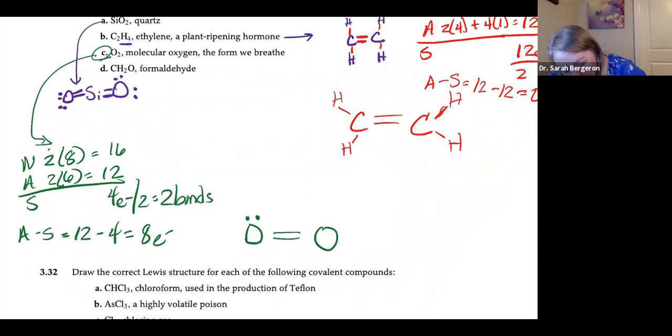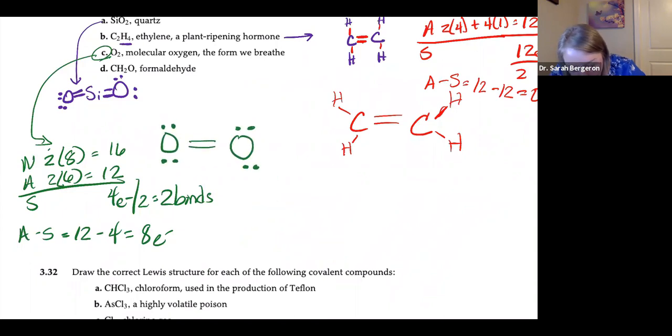I'm going to give them equally. Let's do that. So that's 2, 4, 6, 8. I used up my 8 electrons. Now let's count. 2, 4, 6, 8. Okay, I have 8 on that atom. 2, 4, 6, 8. It's happy. So that's my structure. So I'm good. So y'all can do it either way.